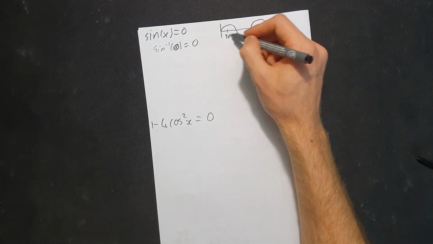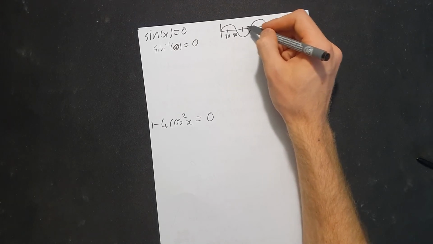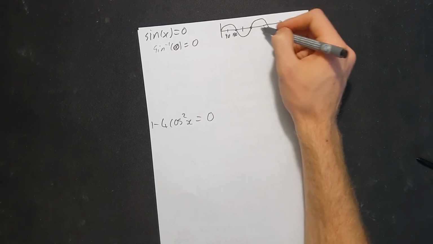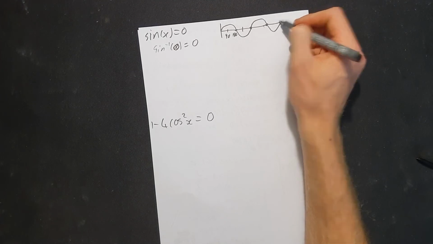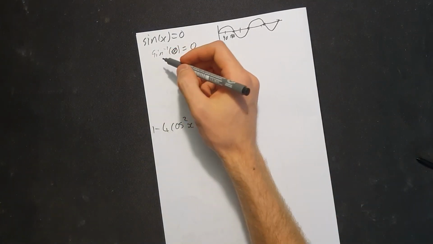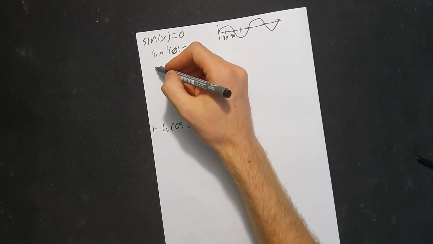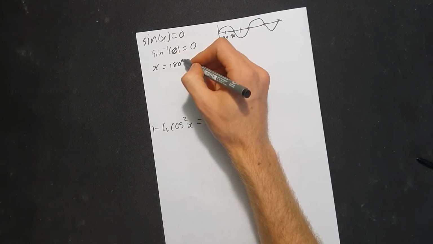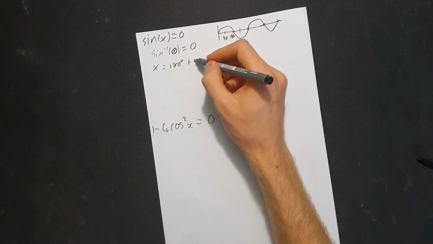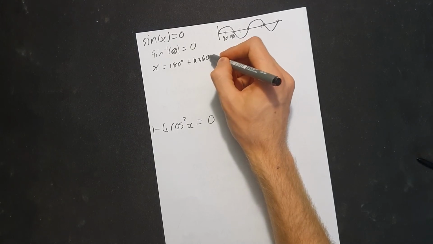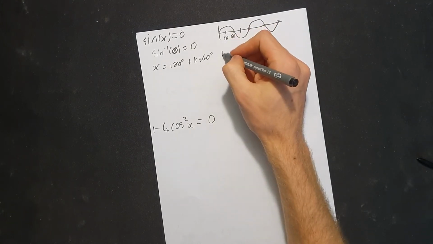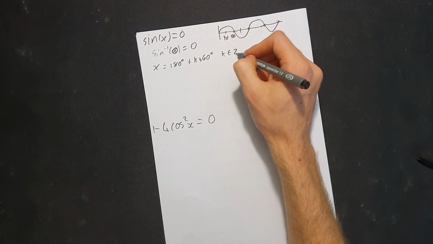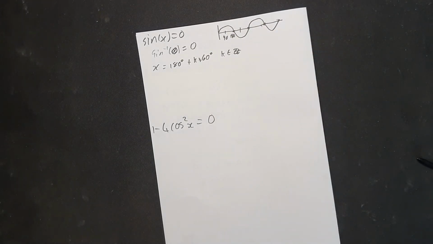So there's 90, that would be 180. Then 180 again, we're sitting at 0. Then 180 again at 0, and so on. So therefore, we say the solution is x equals 180 degrees plus k times 360 degrees, where k is an element of integers. That's what that Z stands for.